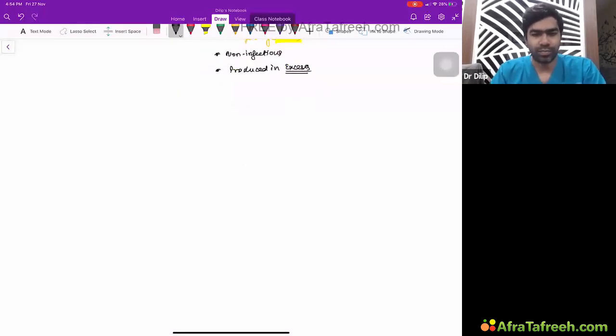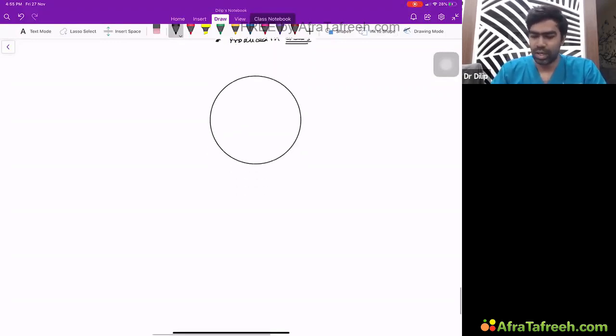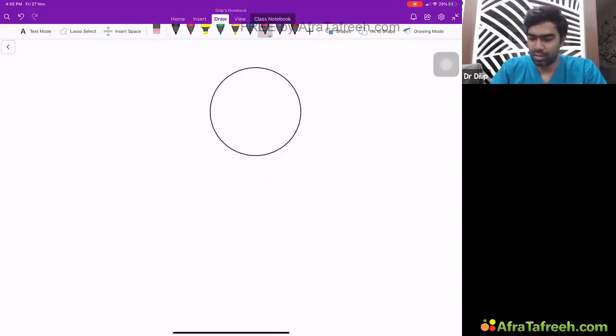And what's going to happen? For example, let us assume, maybe I can draw it. This is the surface envelope, and let us assume these are the small surface antigens, to be honest. So let me mark this as a small surface antigen.